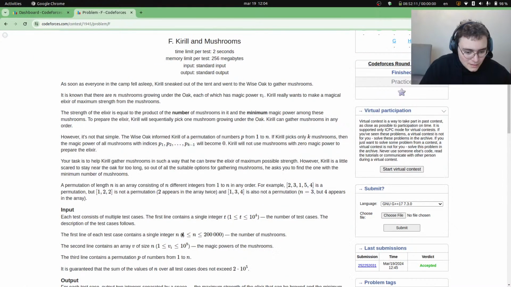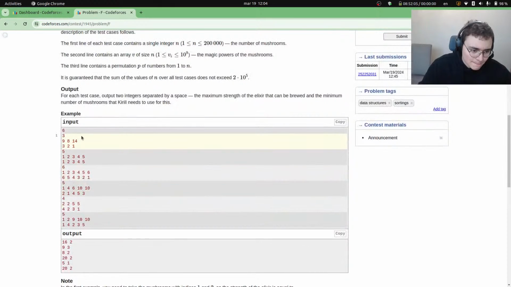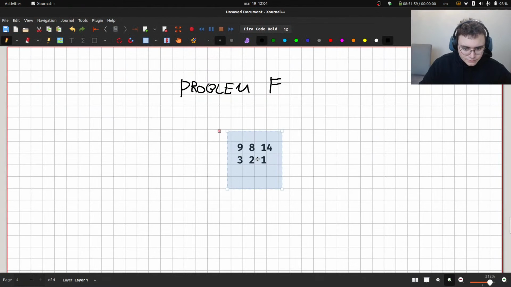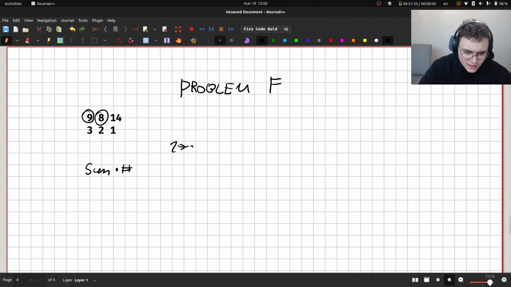Yeah. So in this problem we have some mushrooms and their values. We know that when we pick some subset of mushrooms, let's say the first mushroom and second mushroom, then our score will be the sum of all values times the number of values. Right? So here it would be 17 times 2.